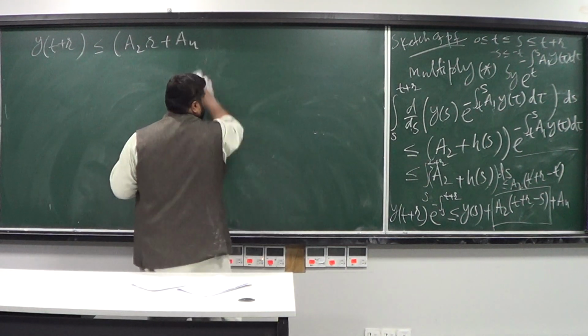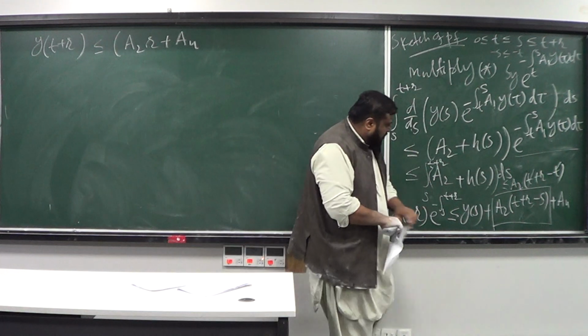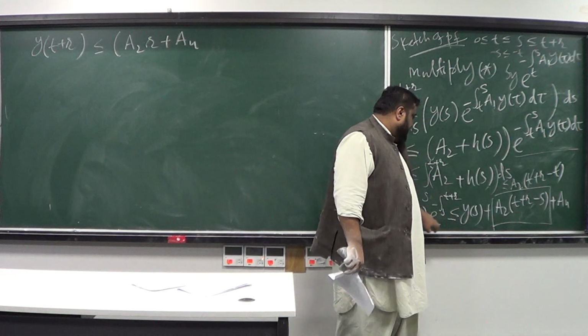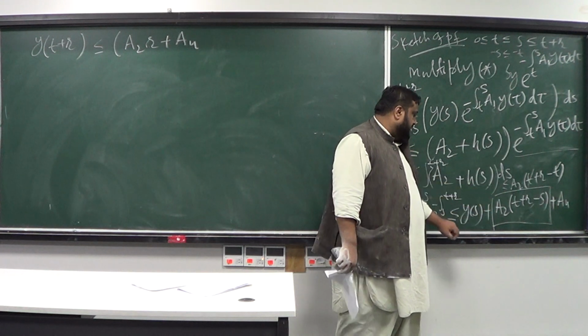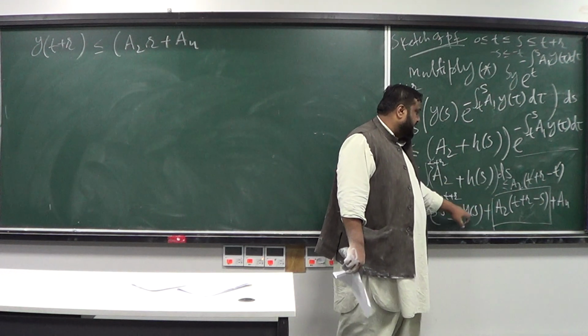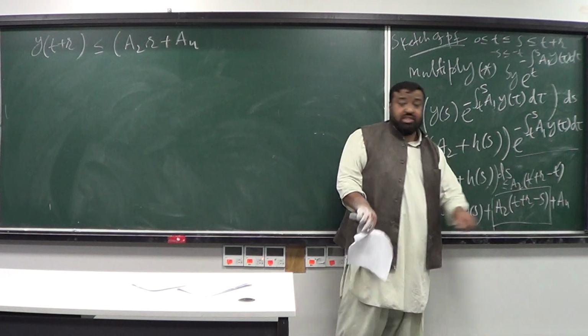Put all this together. We also have this y of s. If you multiply this factor onto the other side, this would be multiplied by y of s and these two terms as well.